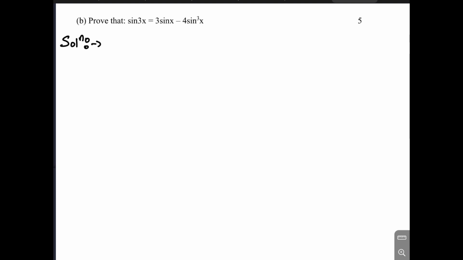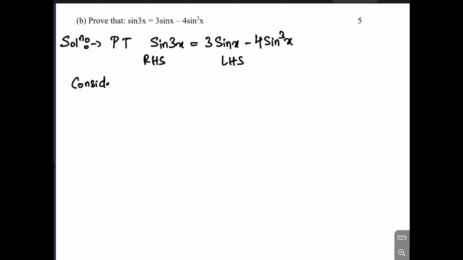So here we need to prove that sin 3x equals 3 sin x minus 4 sin cube x. This is the RHS, and that is the LHS. Let's consider the LHS so we can prove the RHS. Sin 3x can be written as sin of 2x plus x.